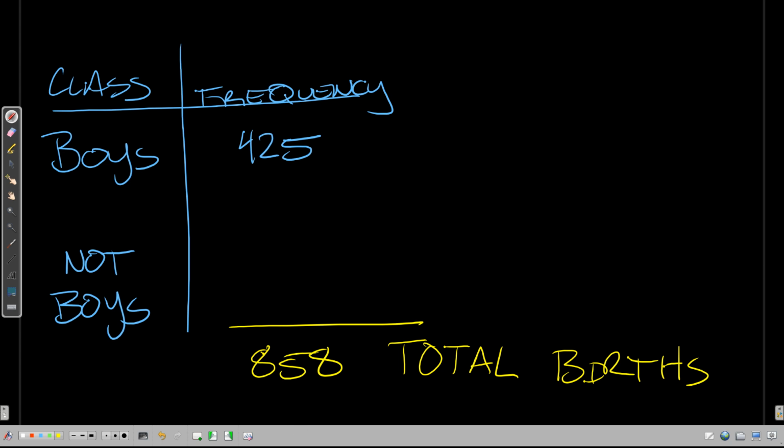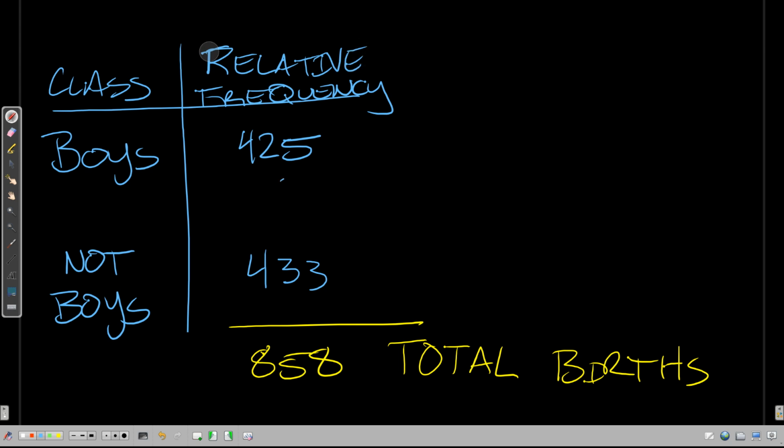And I can easily construct my frequency table here. How many of them then would have not been boys? Well, 433 would have not been boys. And then that adds up to 858. And so right now it's a frequency table. I can convert it to a relative frequency table.